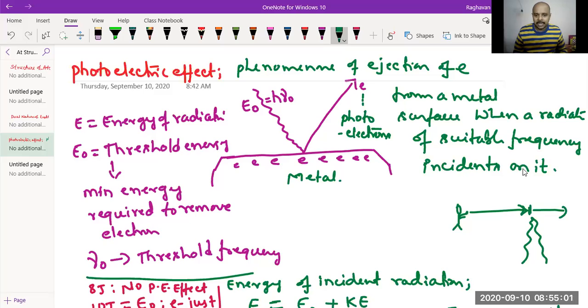Okay, electron is a particle with some mass. When light is incident on that, if electron is ejecting out of the metal surface, light must be behaving not just as a wave, it must be behaving like a particle also. That is the conclusion. Light can behave as a particle as well as a wave. That is duality of light, we say. Despite not having mass, it can still behave like a particle.